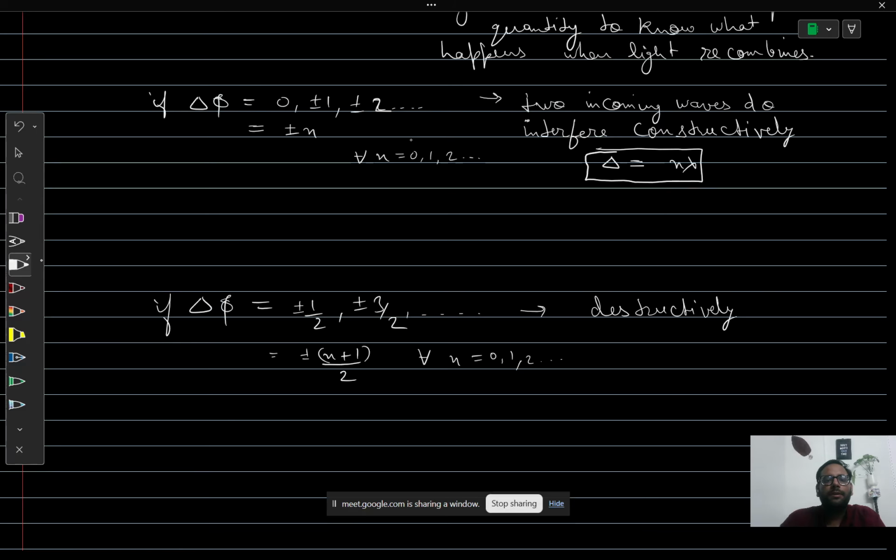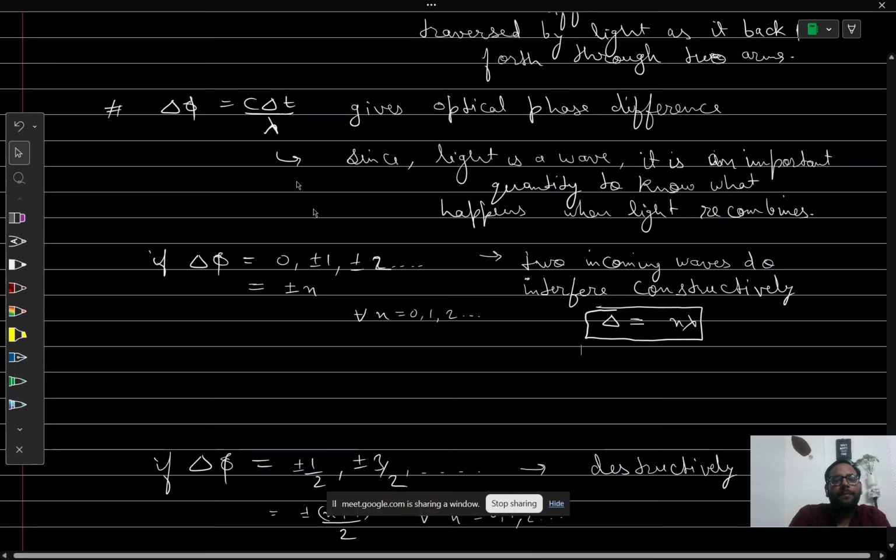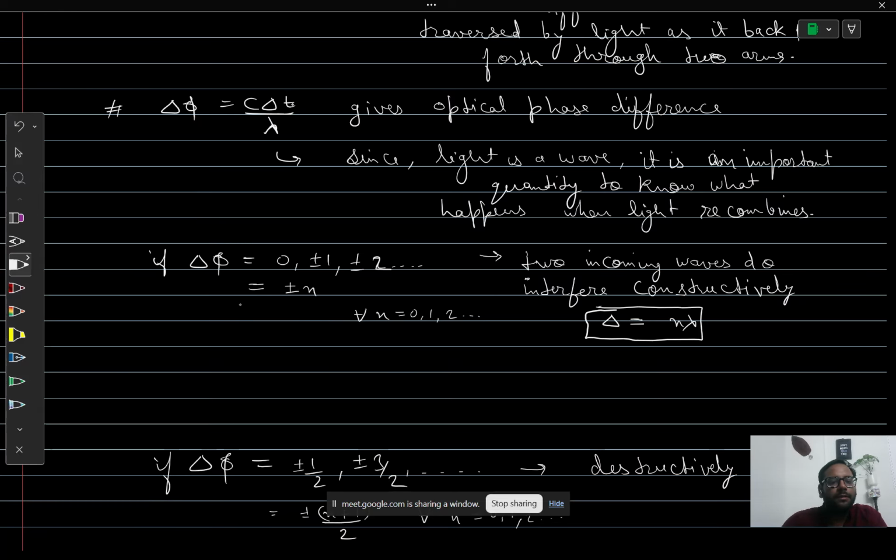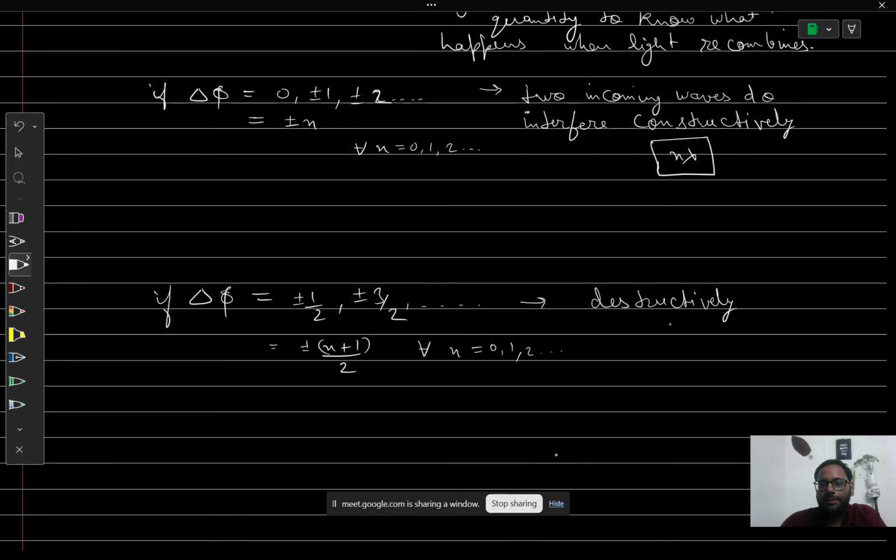This is the optical path difference, and if it is n lambda, integer multiples of lambda, then it should interfere constructively. And if it is not an integer, if it is fractional like this, it will interfere destructively.